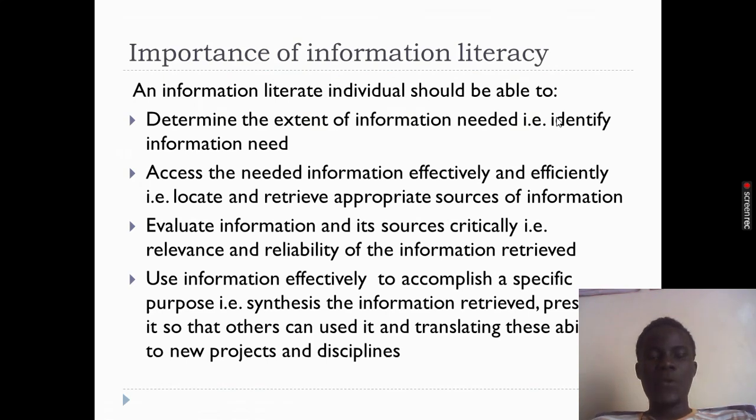Then we will go to another skill that is very important in today's world. We will go to evaluating the information you have retrieved. You need to evaluate it and its sources critically for the relevance and the reliability of the information you have retrieved.